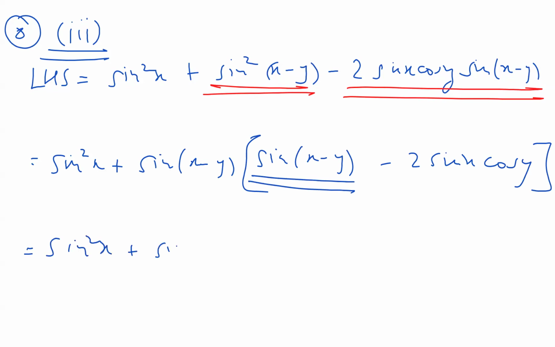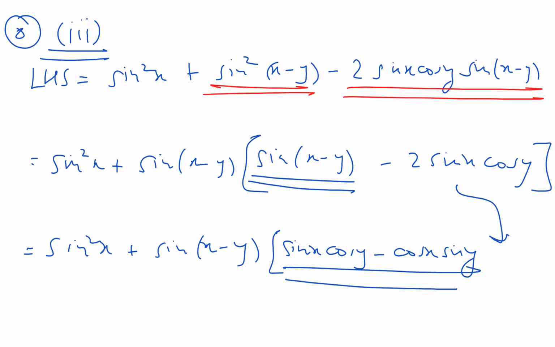Sin square x plus sin(x minus y) into [sin(x minus y), which is sin x cos y minus cos x sin y, minus 2 sin x cos y].